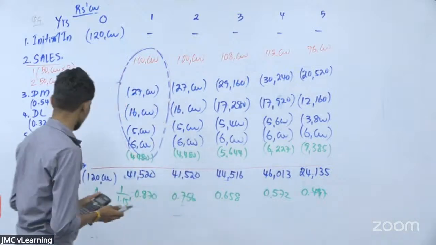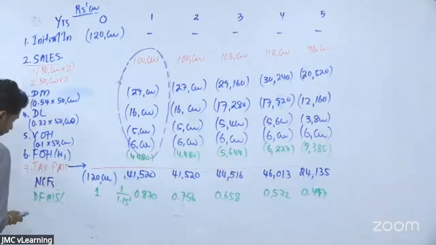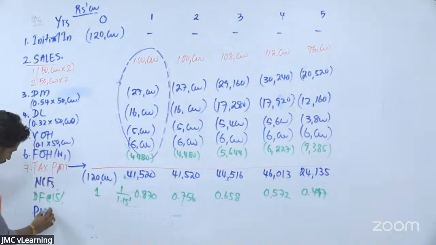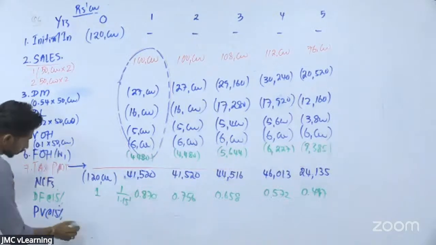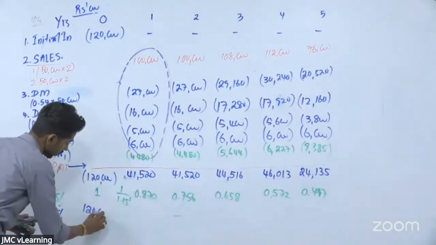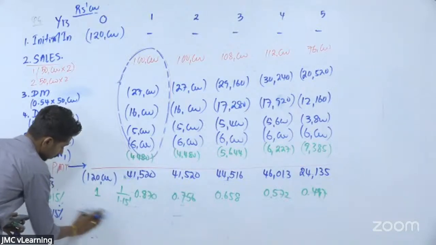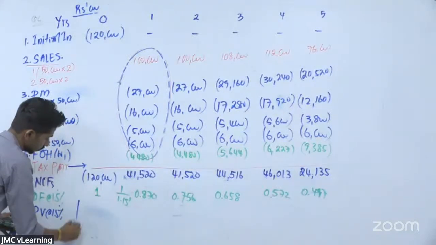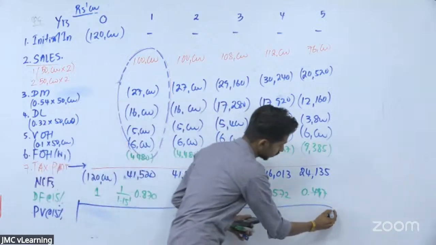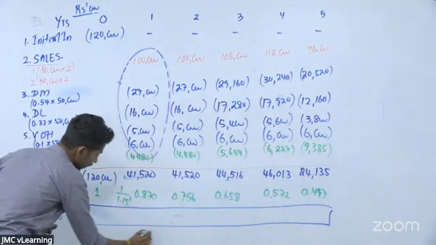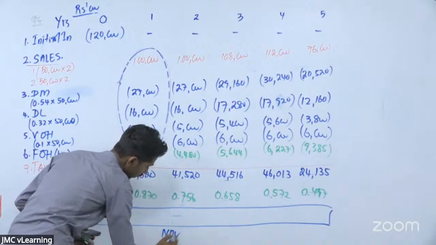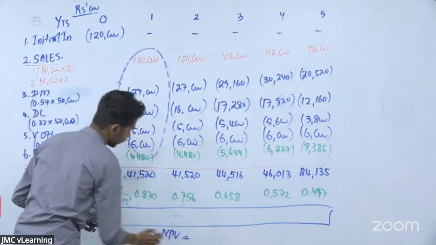Then you have to multiply the net cash flow by the discount factor. That is the present value at 15%. 120,000 minus. Then I will take them all together by calculator. Then it will be called the NPV. How much is the NPV?